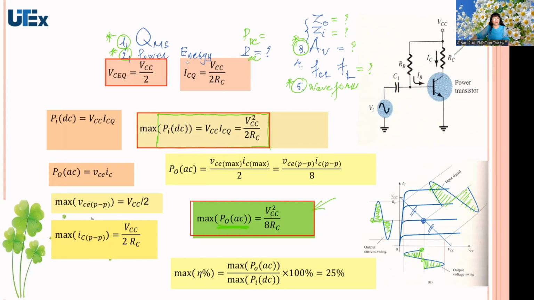And this is the position of the Q point. If the circuit given power amplifier class A given, only this case you can determine this here Q point, this here Q max swing, and DCLL, right?